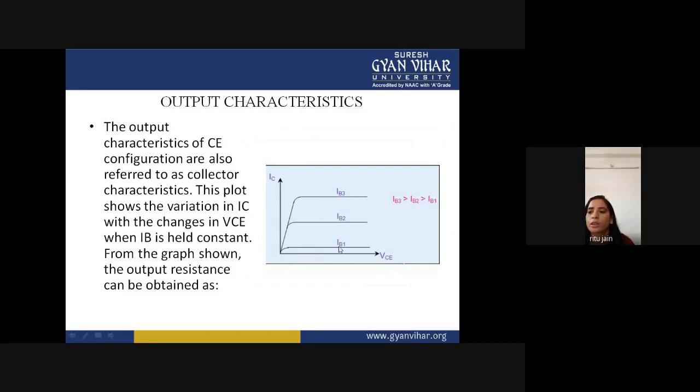For this characteristic, IB1 is constant. For this characteristic, IB2 is constant. For this characteristic, IB3 is constant. So this is your output characteristic of common emitter configuration.